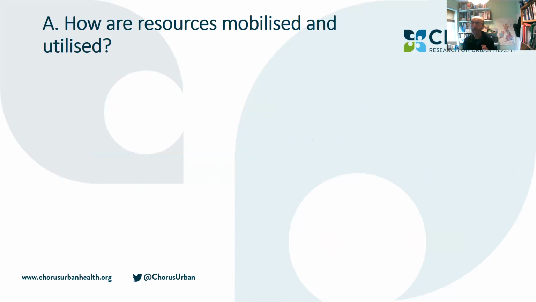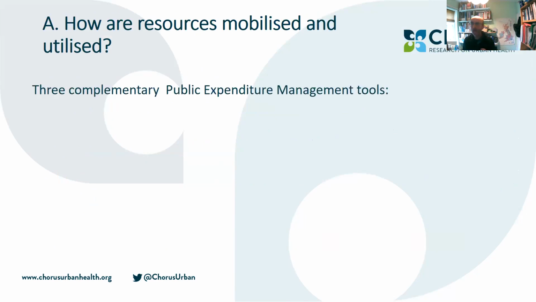How are resources mobilized and utilized? In terms of tools and techniques, there are three complementary tools that might be useful to understand where funding comes from for health. In our case, it's urban health, and specifically urban health for the poor and those living in marginal communities.